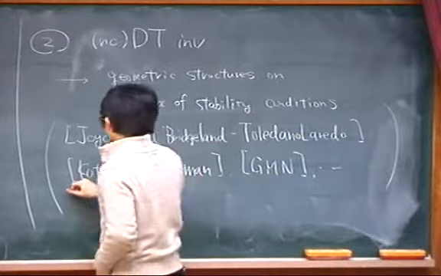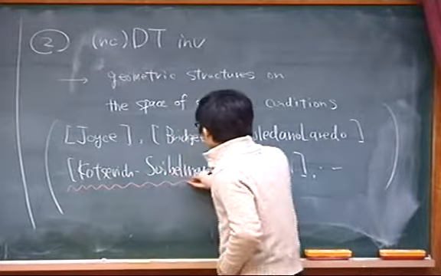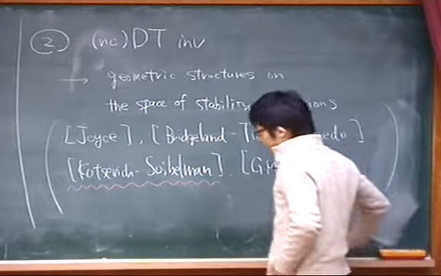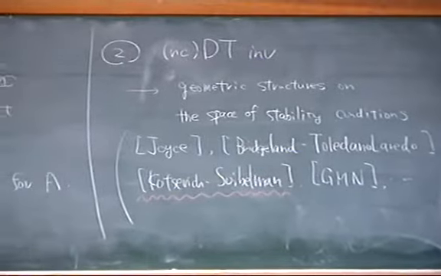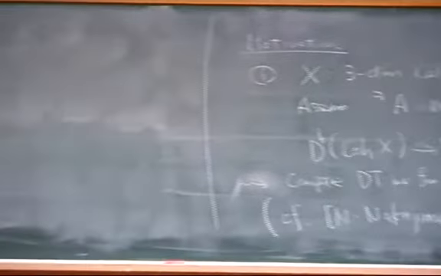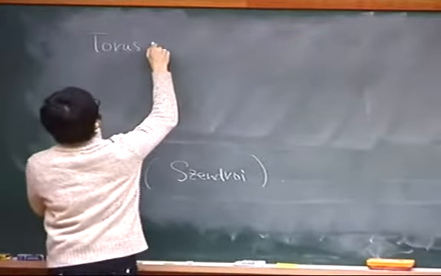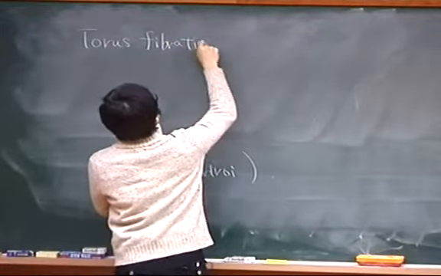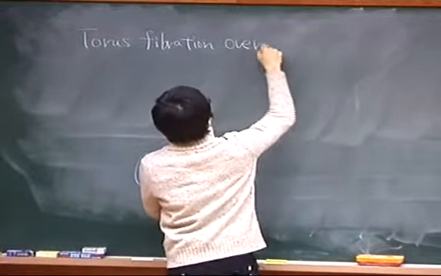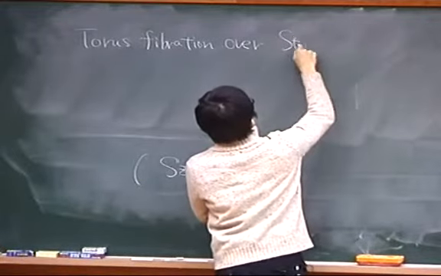Actually, what I'm talking about today is related to their construction. So let me briefly review Kontsevich and Soibelman's construction. What they constructed is a torus fibration over the space of stability conditions.